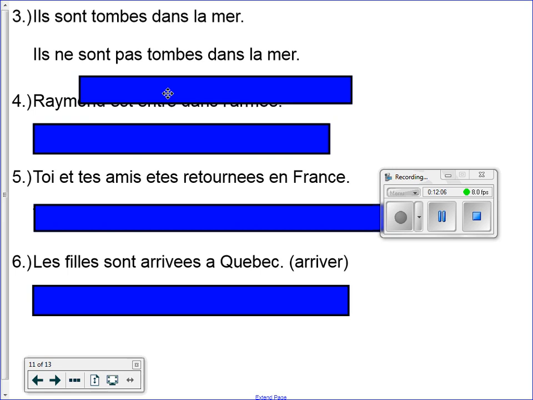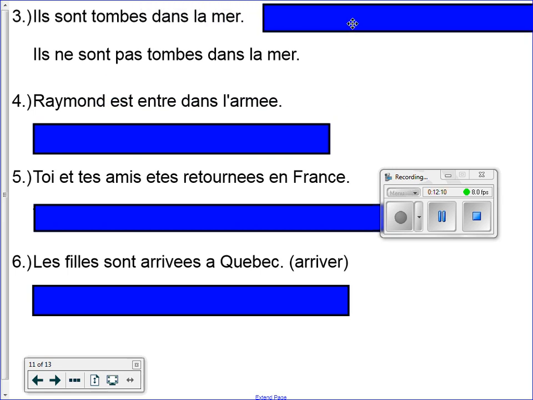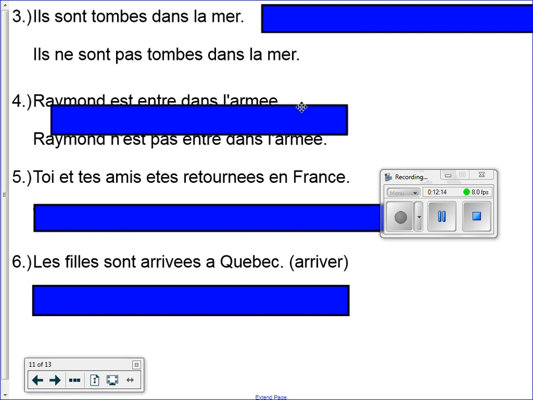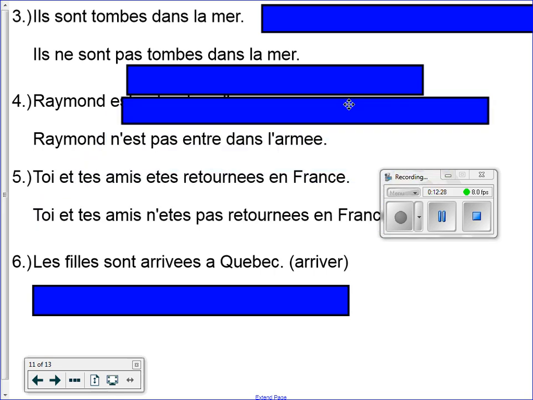Ils ne sont pas tombés dans la mer. Raymond n'est pas entré dans l'armée. Toi et tes amis n'êtes retournés pas.